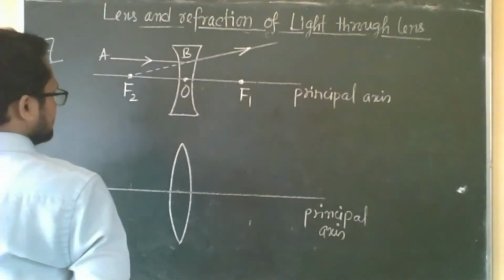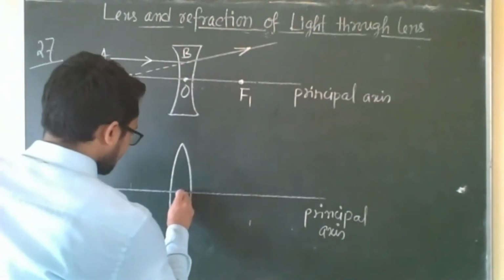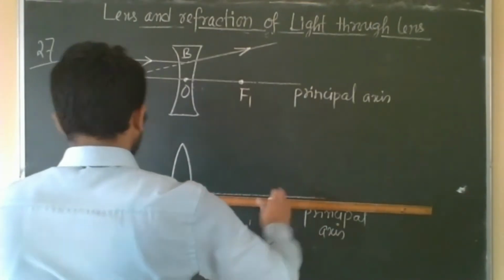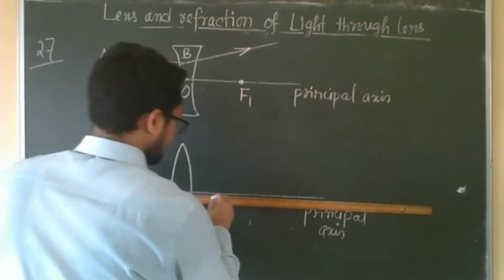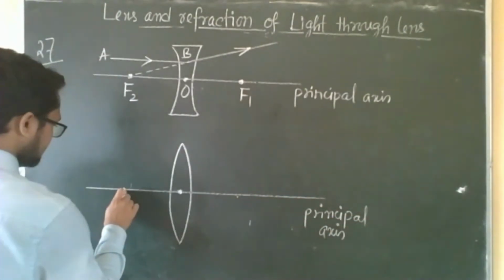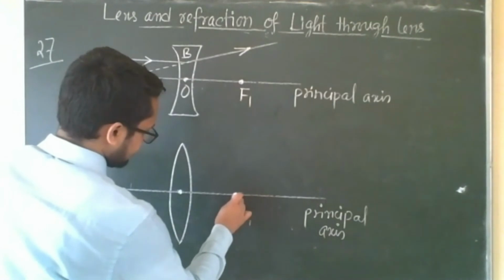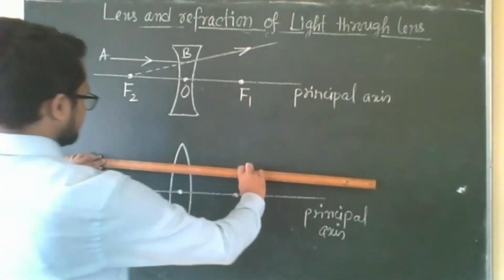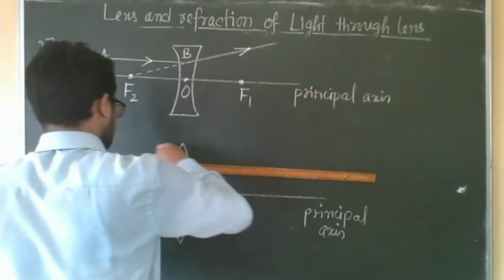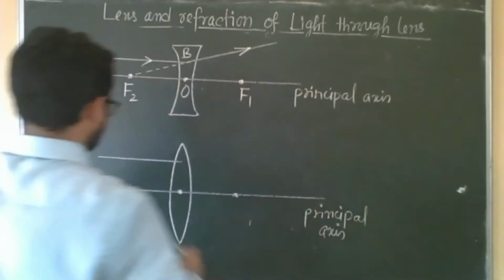Here F2 will lie on the other side. Suppose here F1 and here F2 at the same distance. Again and again I am telling you, use your scale and keep the same distance. Light is incident parallel to the principal axis.